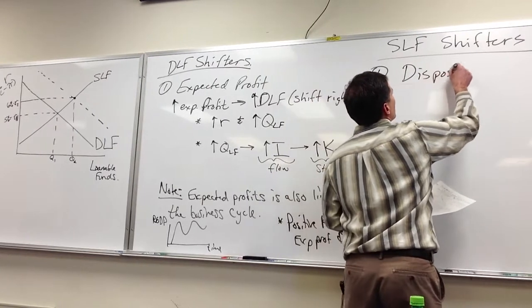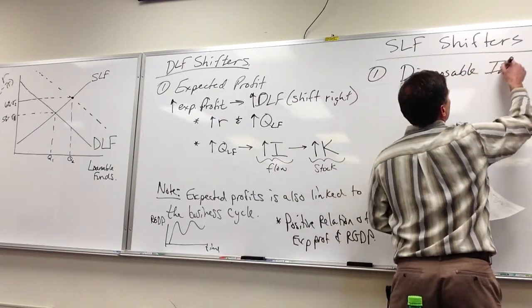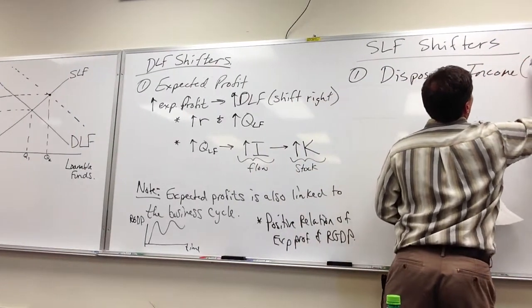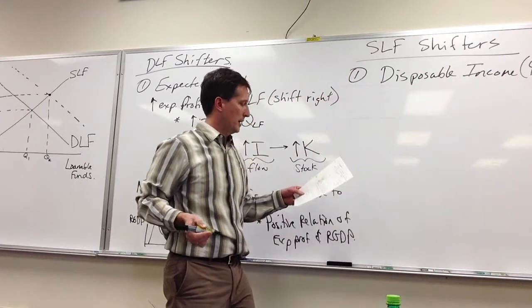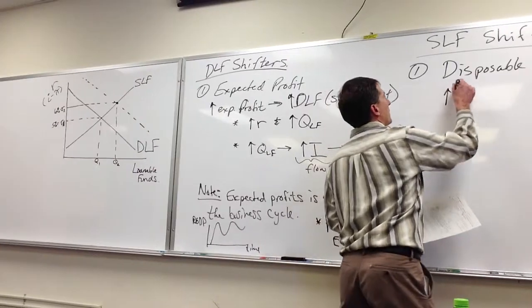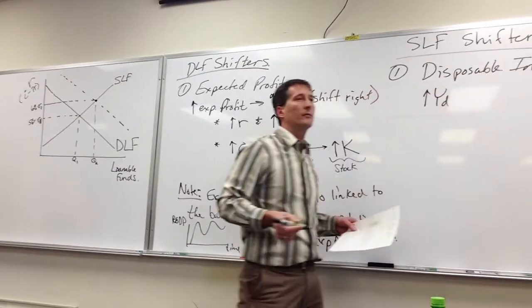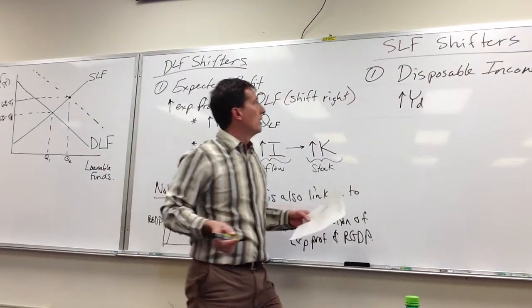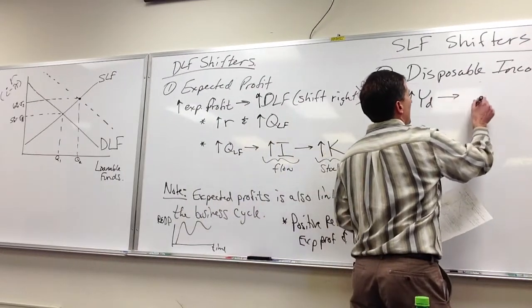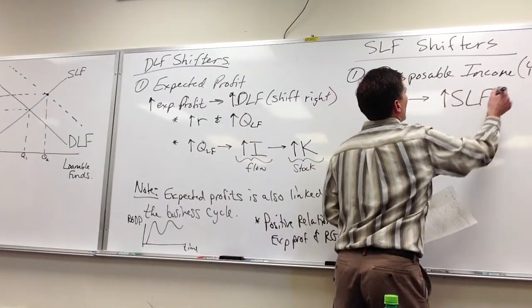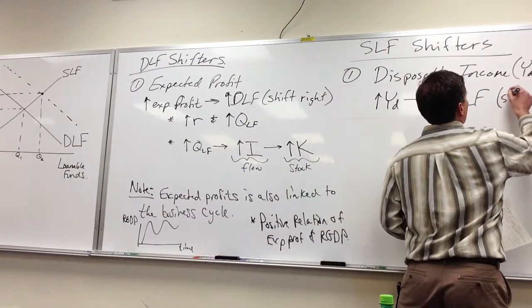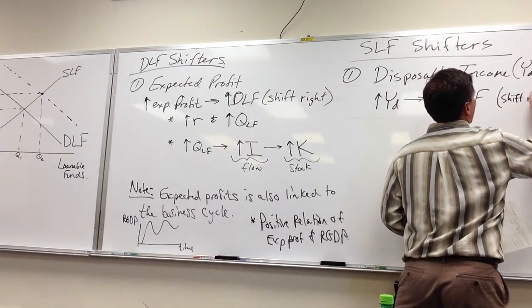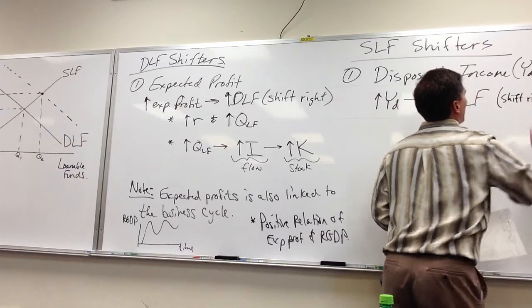So disposable income is a shifter. If people are having more money, they are going to save more. A shift to the right. Holding all of the other things constant.